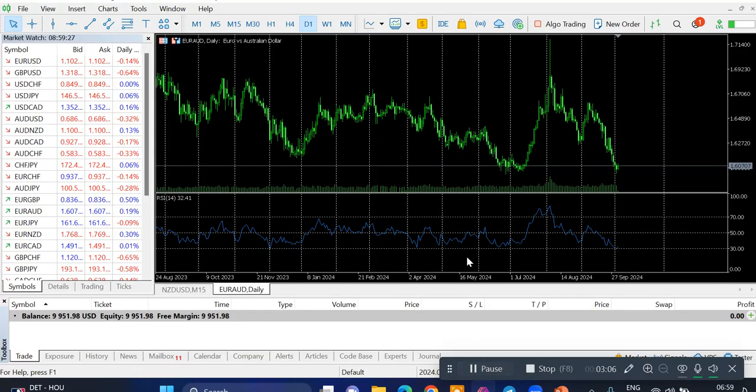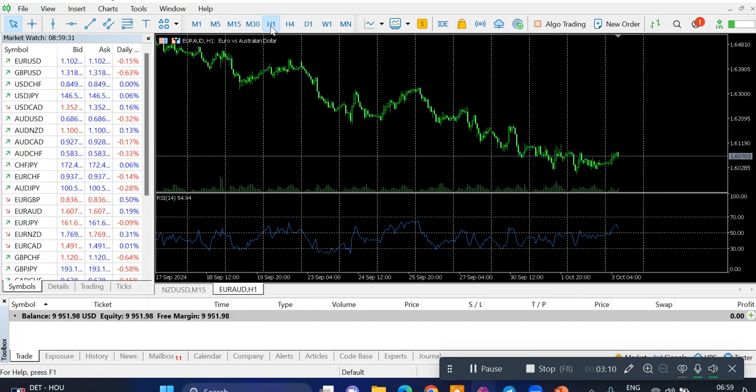So let's go to the chart and let's look for a smaller time frame. Good. Now this is a trend. A trend, like we discussed in a previous course, we said a trend forms lower lows and lower highs for a downtrend, higher highs and higher lows for an uptrend.